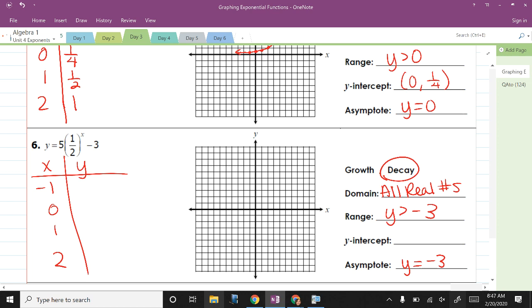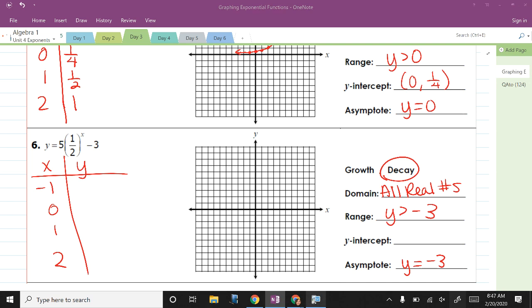All right, so y equals 5 times 1/2 to the x power, minus 3. I'm going to write it down so I can use my calculator and go back and forth. Now, order of operations, when I'm plugging in these exponents: I do my exponent, then multiply times 5, then subtract 3. Y'all with me?